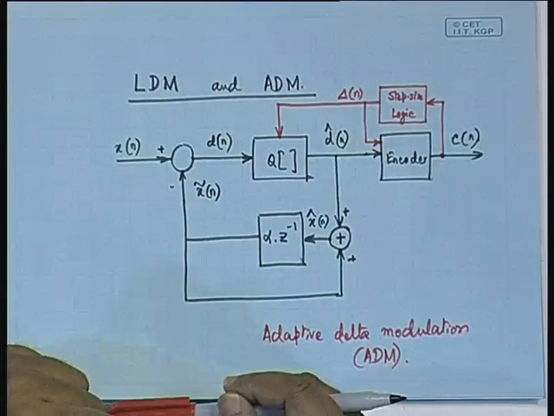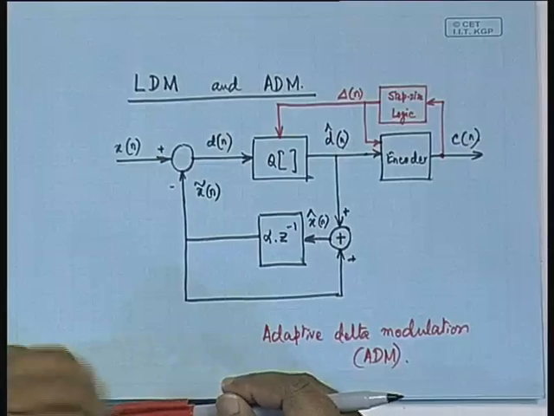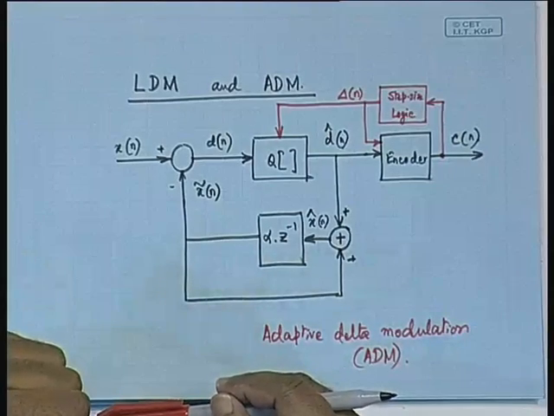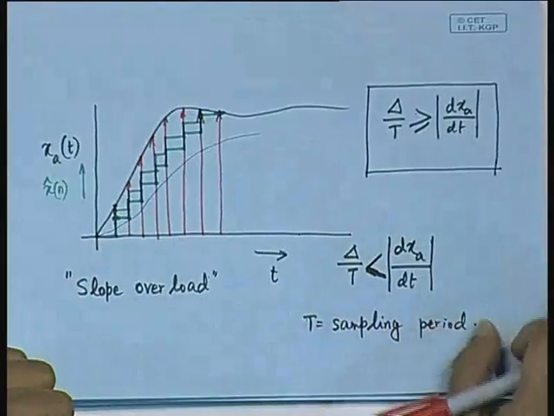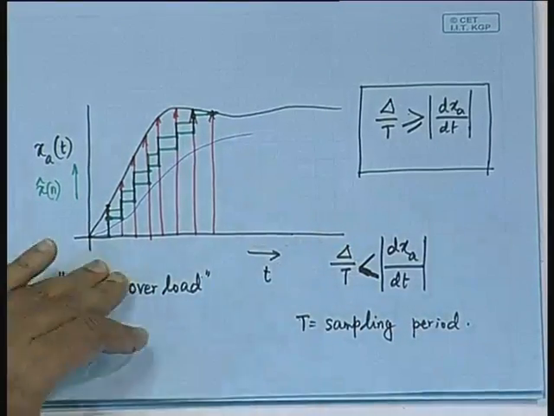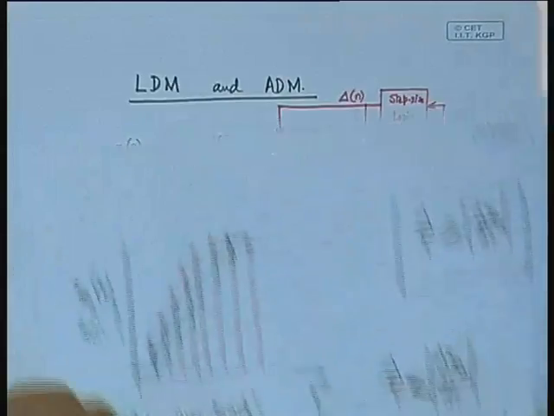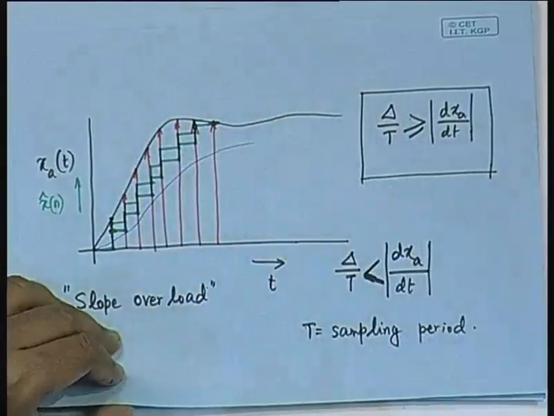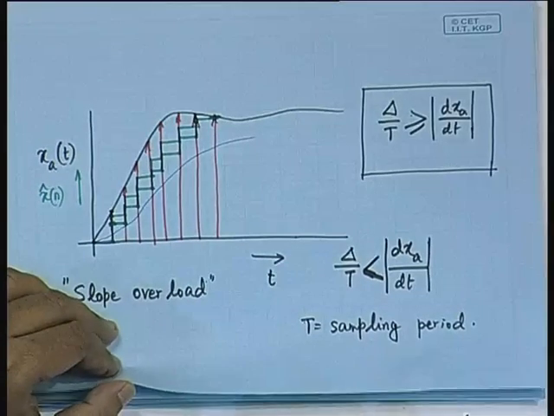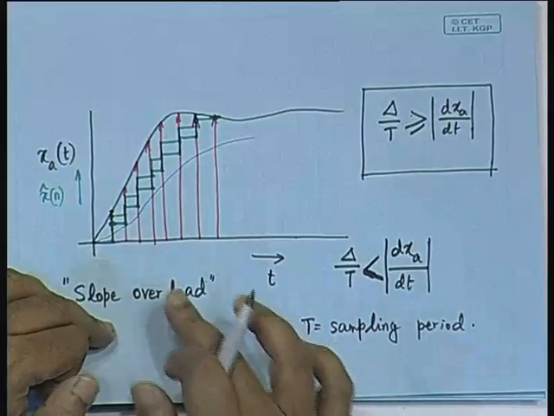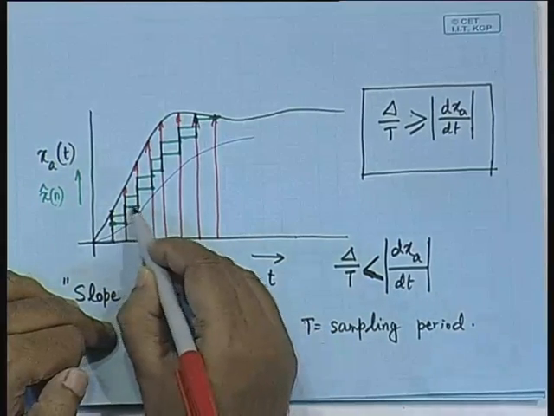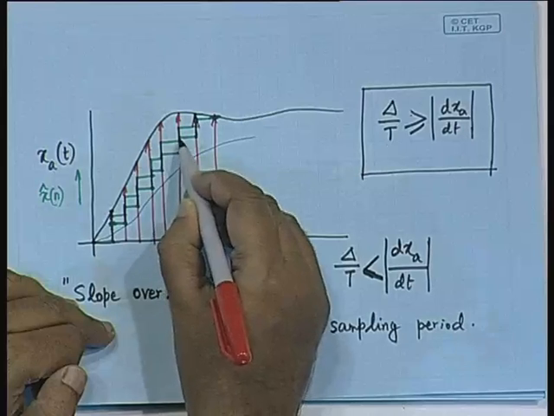Now, let us see some intuitive logic on when we should increase the step size and when we should reduce the step size. Let us go back to our example. We have two examples. One is where the signal is changing considerably, and the other is where the signal is more or less uniform in time. When it is changing, look at our original curve with the value of delta.